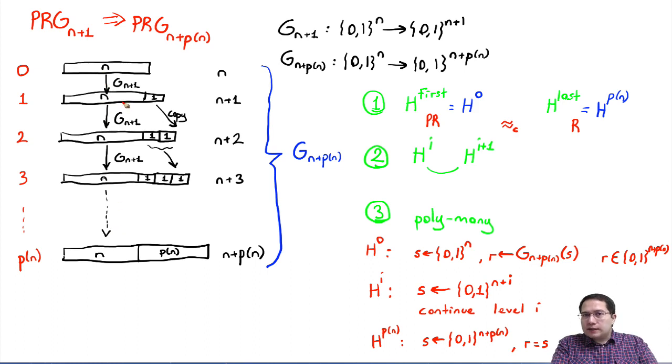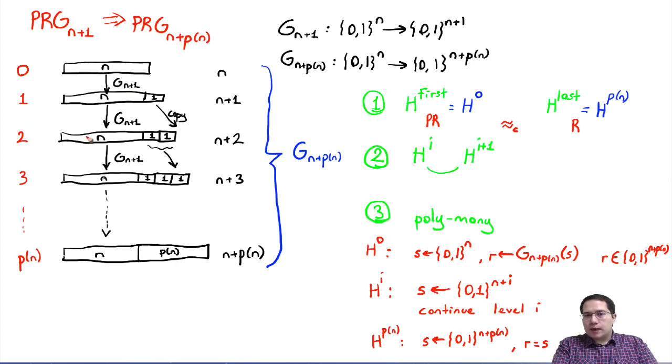So the only difference between H0 and H1 would be at this first step. Hybrid 0 uses Gn plus 1 to perform this first step. Hybrid 1 doesn't use Gn plus 1. It picks these n plus 1 bits completely randomly. So the only difference between hybrid 0 and hybrid 1 is this one use of Gn plus 1.